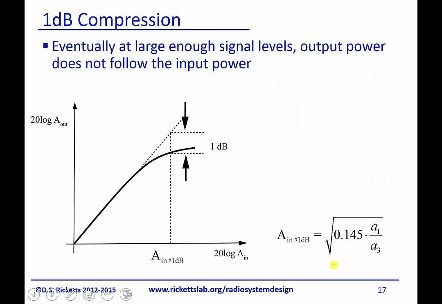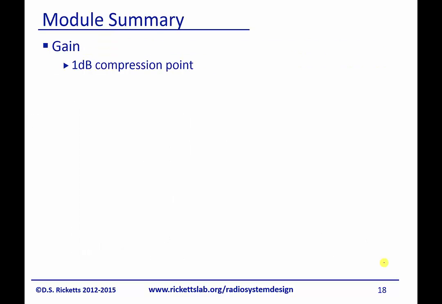And if you do the math, you can calculate it out, and it then turns out that the amplitude input for 1 dB compression is the square root of 0.145 times alpha 1 over alpha 3. All right, and that'll be an easy way for you to calculate this in your homeworks and in your future life as RF designers. All right, that's it for gain compression and our definition and calculation of the 1 dB compression point.